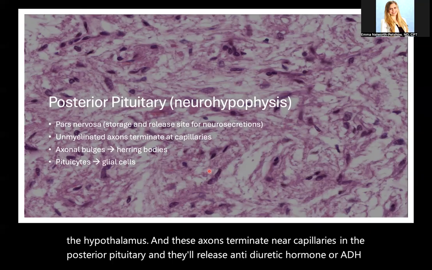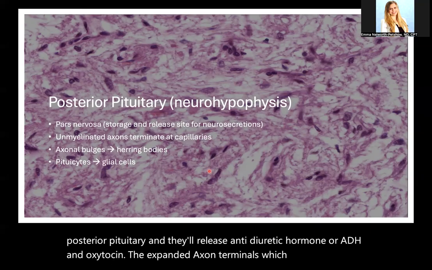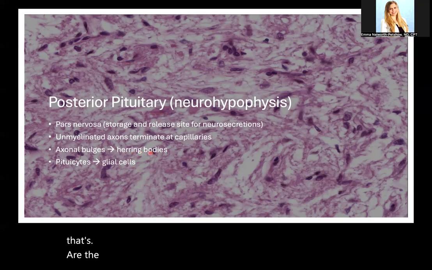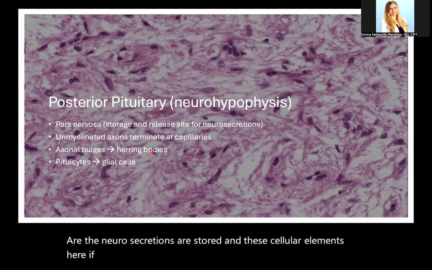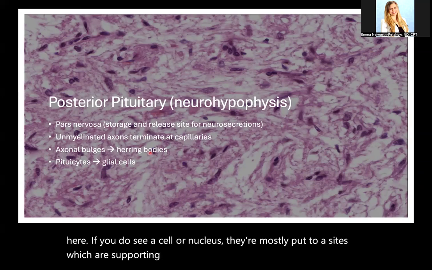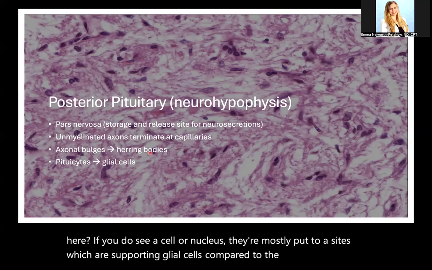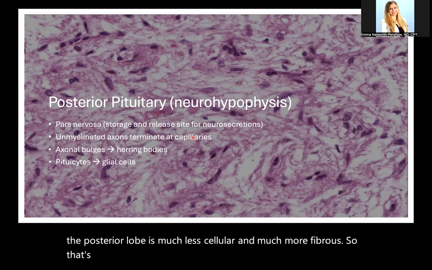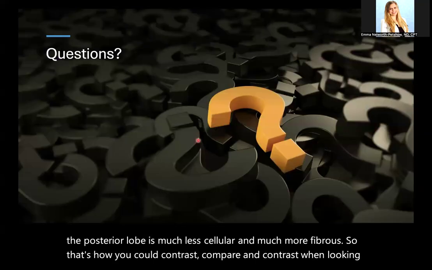The expanded axon terminals, which are hard to see in this image, are what the Herring bodies are referring to. That's where the neurosecretions are stored. If you do see a cell or a nucleus, they're mostly pituicytes, which are supporting glial cells. Compared to the anterior pituitary, the posterior lobe is much less cellular and much more fibrous. That's how you can compare and contrast when looking at the two tissues.